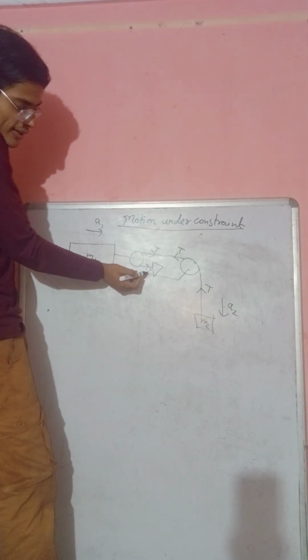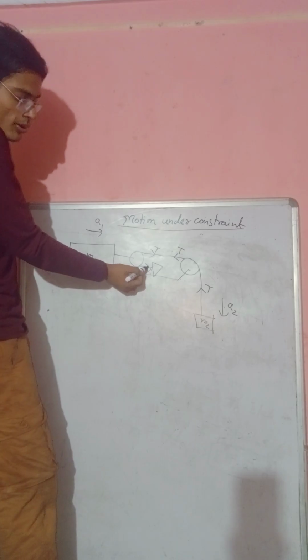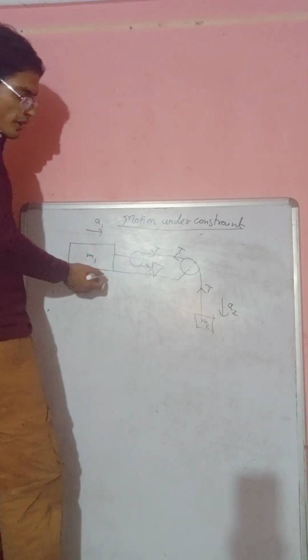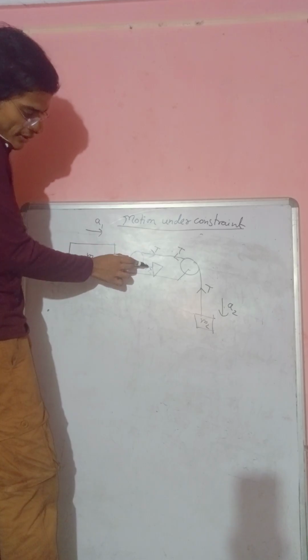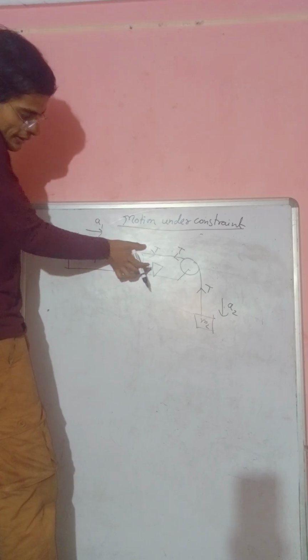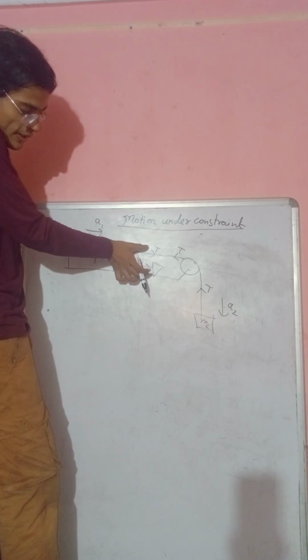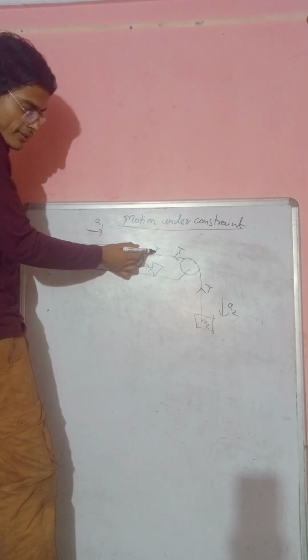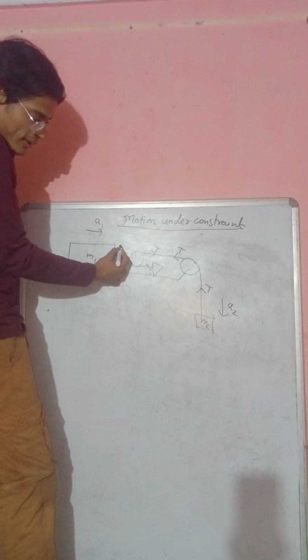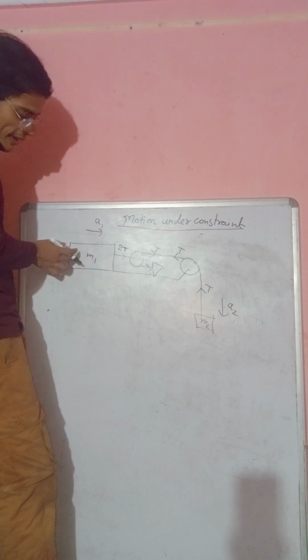As a result, this string here also feels the tension force. Now see, tension force here T, T. So both these tension forces are equally responsible for the motion of this block, so we have to add T plus T to get the total tension force applied on this one.